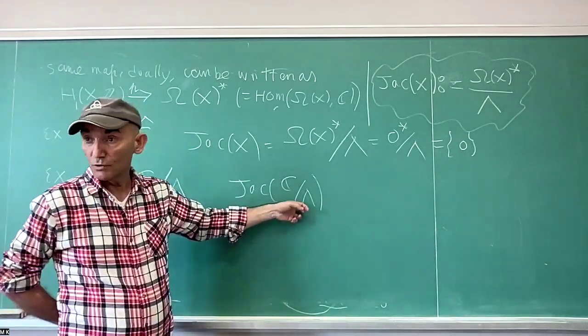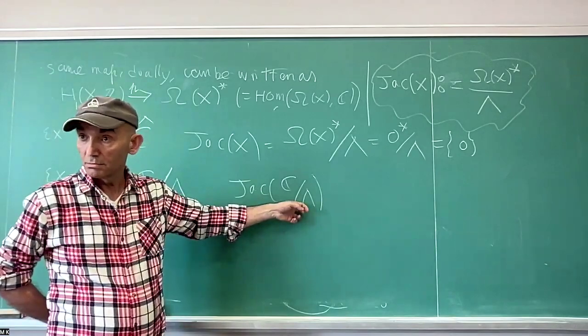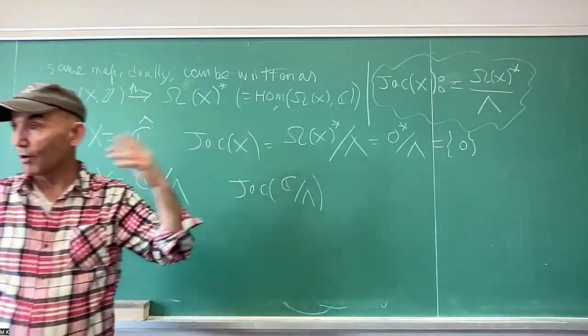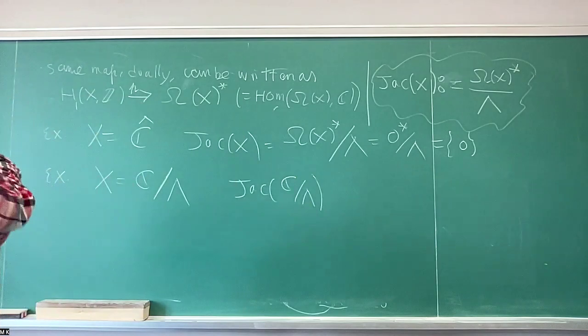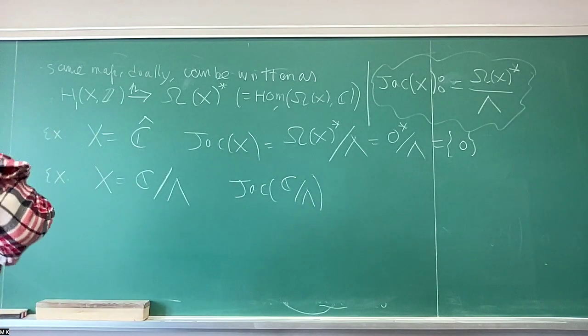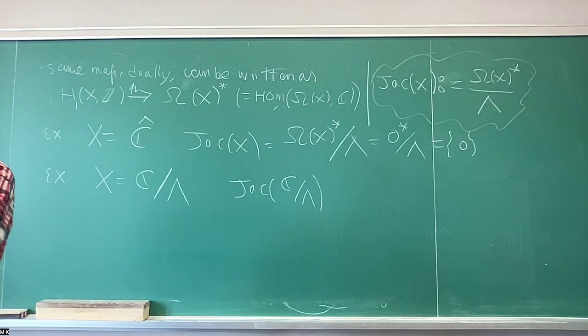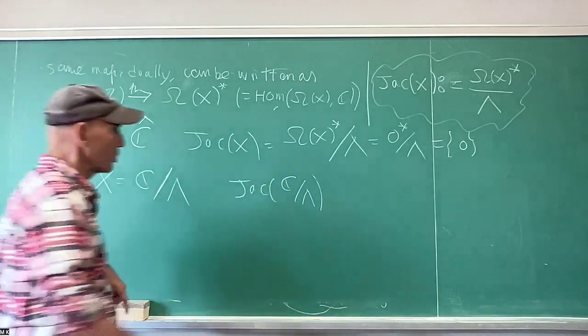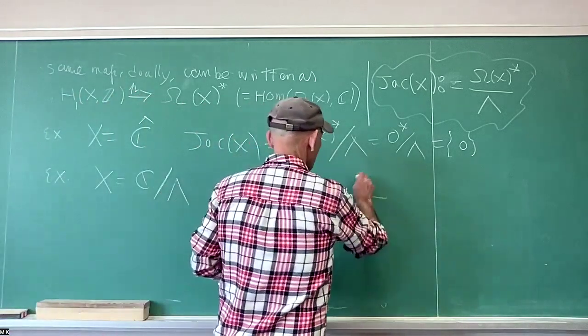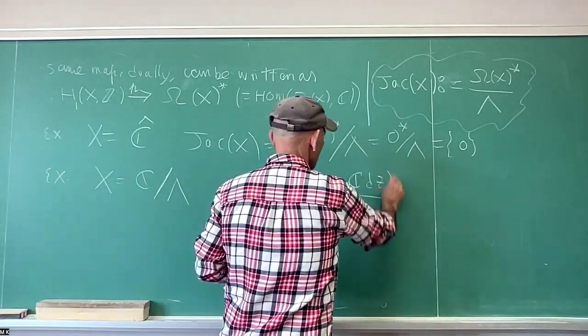Well, there is one, which is dz. Our friend dz is a holomorphic one-form on this, and any other holomorphic one-form is going to be a multiple of this by some holomorphic function, and there are no holomorphic functions except constants on compact Riemann surfaces. So then this is just C dz star.